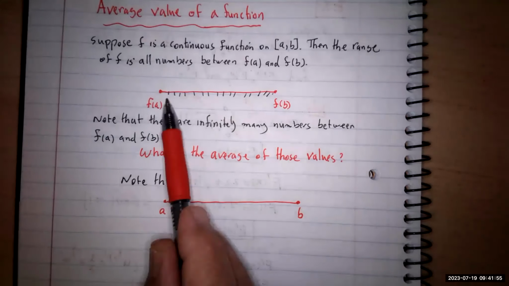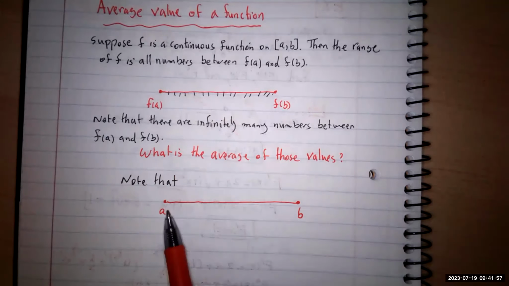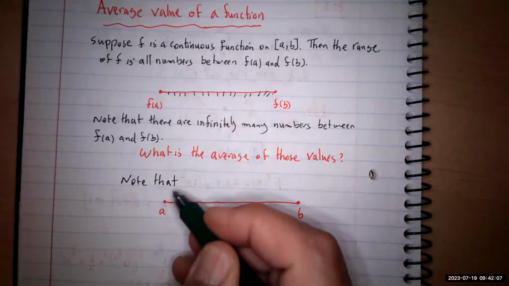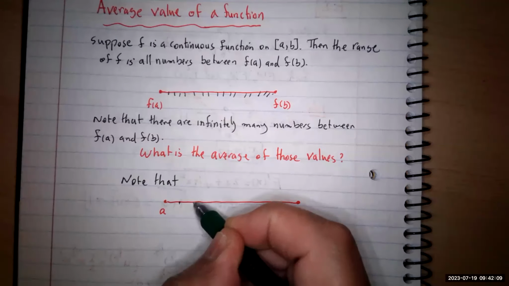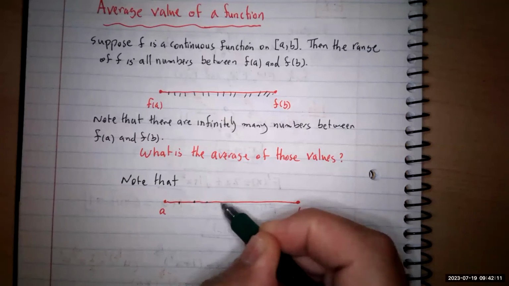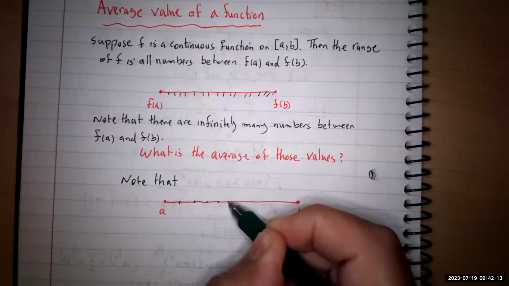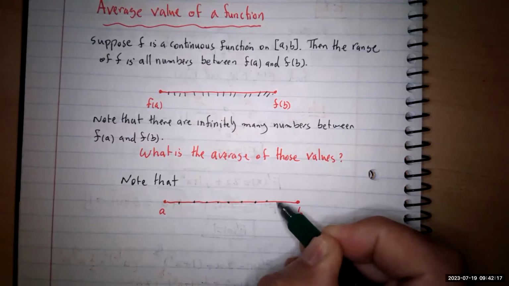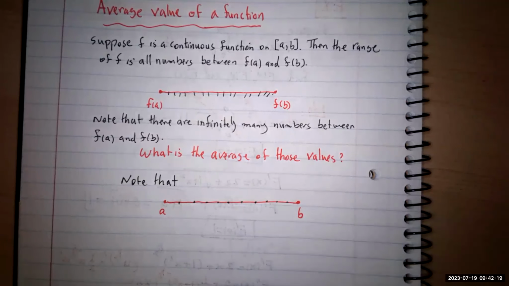The reason you get infinitely many numbers here is that there are infinitely many numbers between a and b. But what we can do is partition it. Remember the partition? Divide it into equal parts, like the one you did for integration.